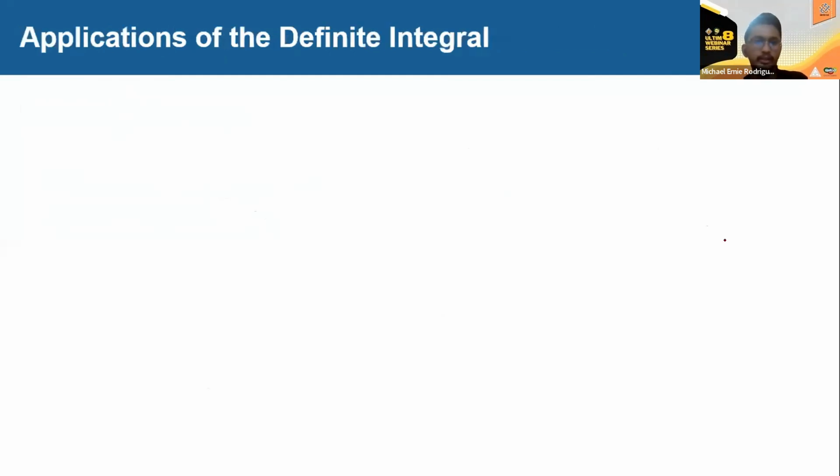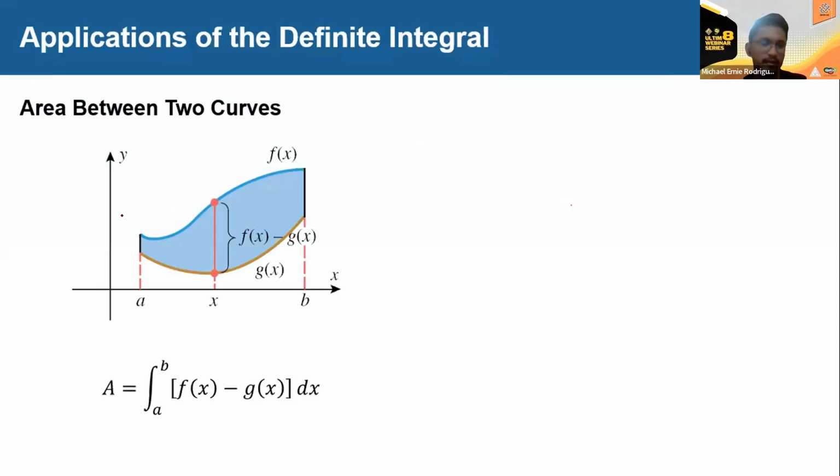Okay, we proceed next to the applications of the definite integral. So first application is the area between two curves. So here, we have two curves. We have the function f of x, the first curve, and then the second curve is g of x, okay? And then we have a strip in here. This is a vertical strip, and then yung limits natin is from A to B. So we will be getting the area between these two curves and these limits, no?